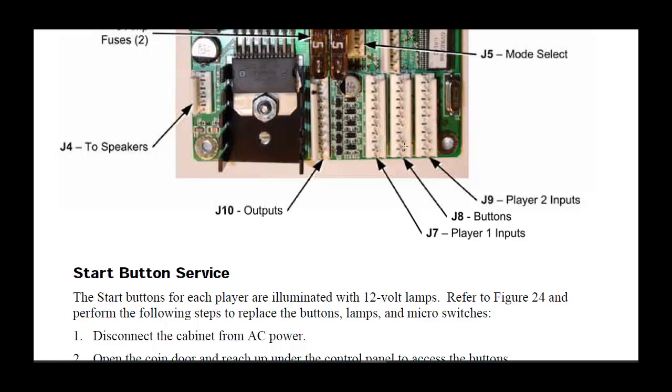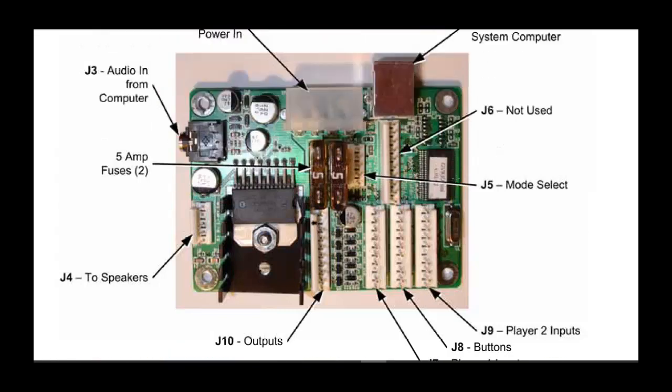J7 is not for player one input. There is a mistake here in the manual. J7 is for the coin devices. Okay. J8 is for the player 1 and 2 buttons. J9 is for the gun button and the volume.